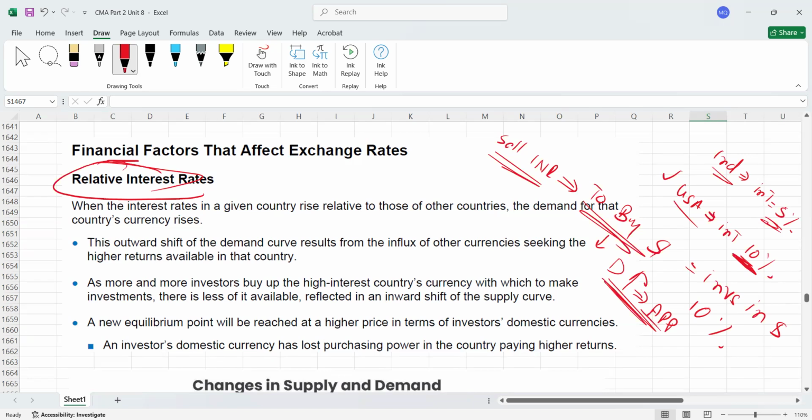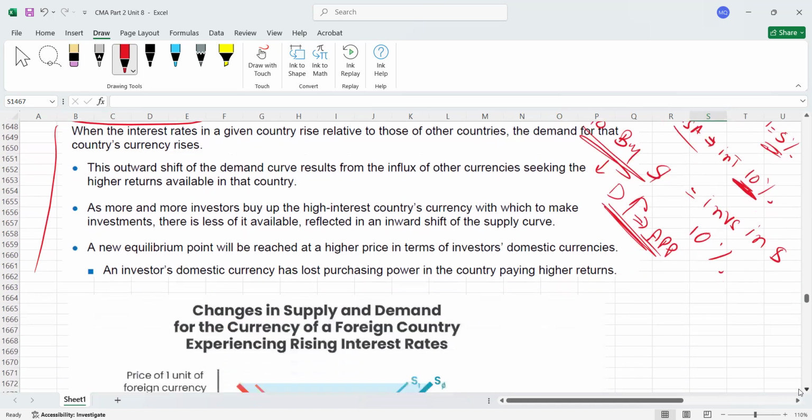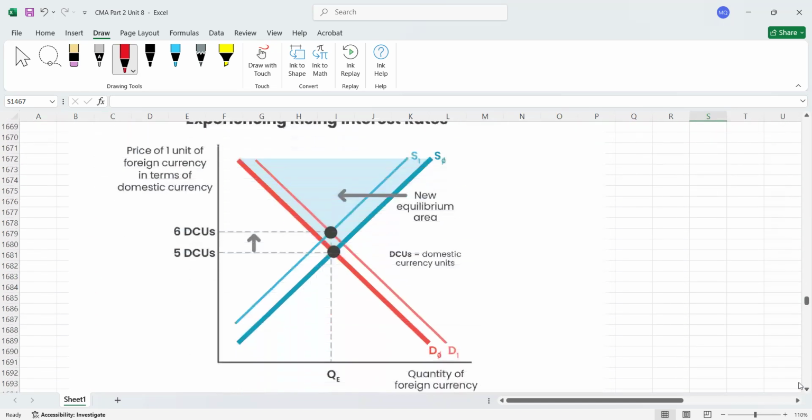Now, guys, if you look here, this is what I have already explained. It's just a simple version I have written here for all this theory. Now I'm going to explain the graph. For example, this was your original equilibrium point where 50 Indian rupees were equal to $1. Now what happened? In USA, interest rates are higher. Now everyone wants to buy dollars because they want to earn a high interest rate.